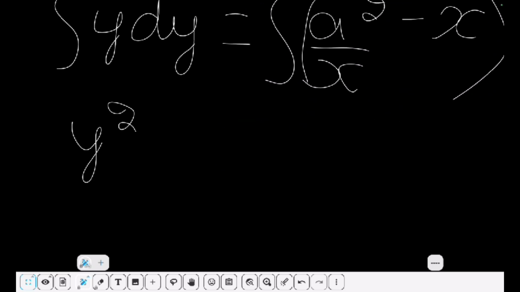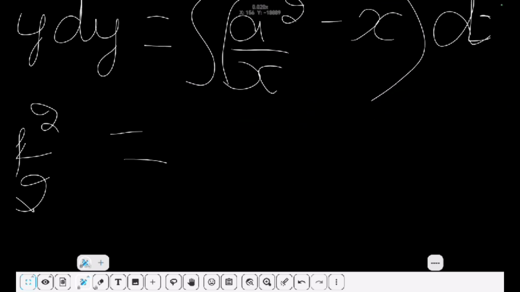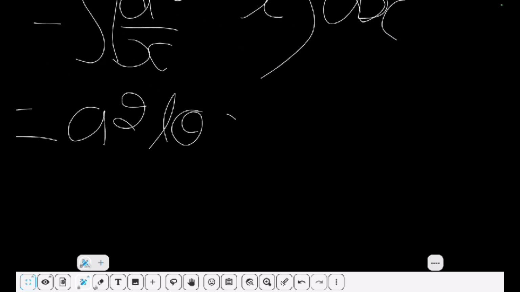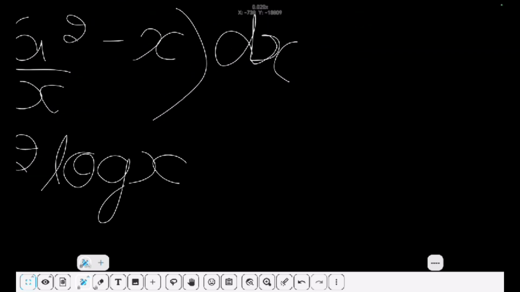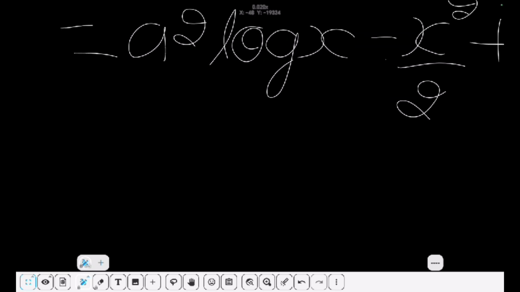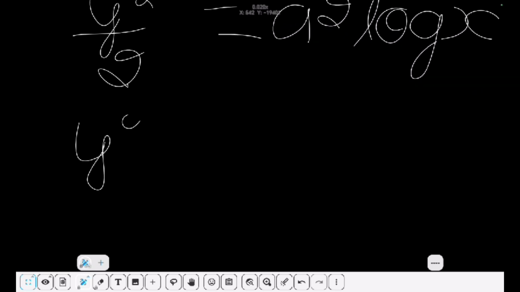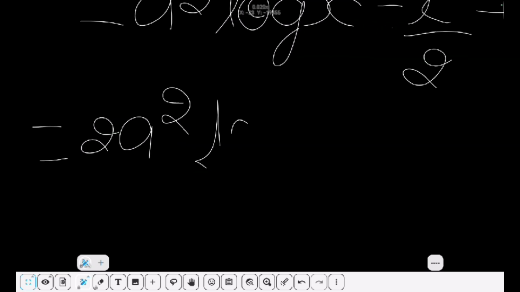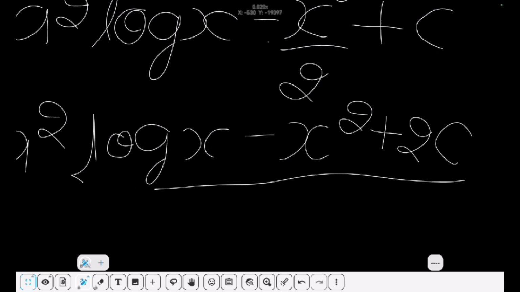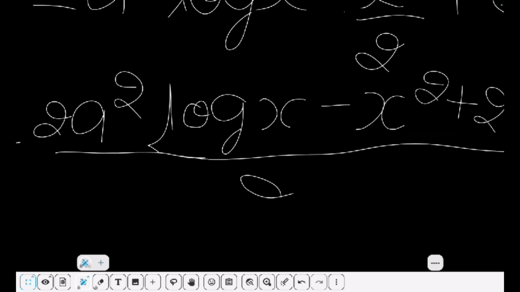Integration of y is y square by 2 that equals integration of a square by x is, a square is constant, so integration of 1 by x is log x, minus integration of x is x square by 2 plus c, right? So let us take 2 LCM. That gives us y square by 2 that equals 2a square log x minus x square plus 2c whole divided by 2.